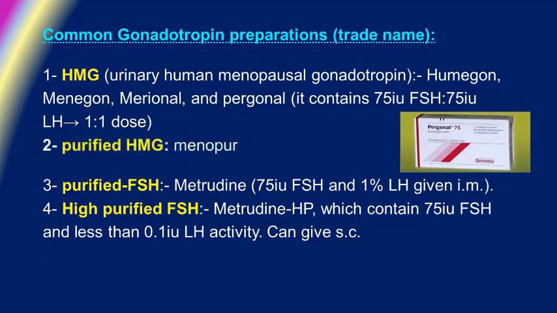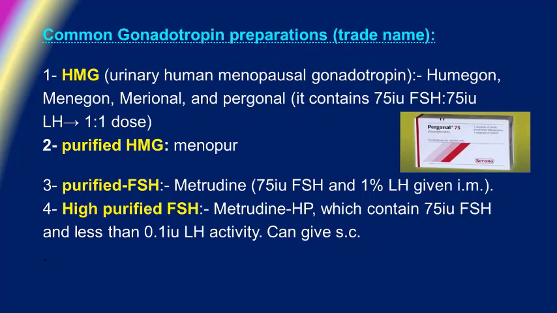Purified HMG like Menopur, purified meaning less protein in the injection, so less sensitivity will occur. Purified FSH like Metrodin. This injection contains only FSH, with just about 1% LH.